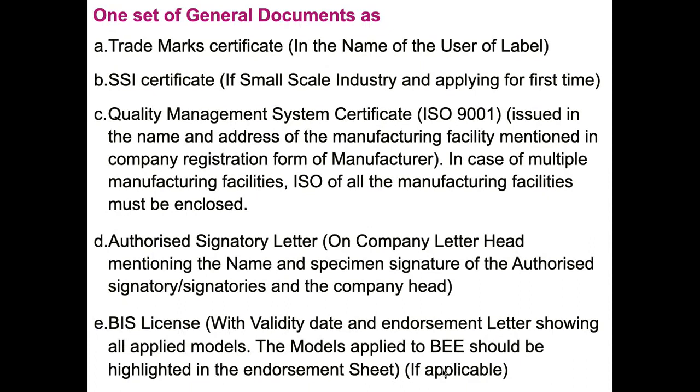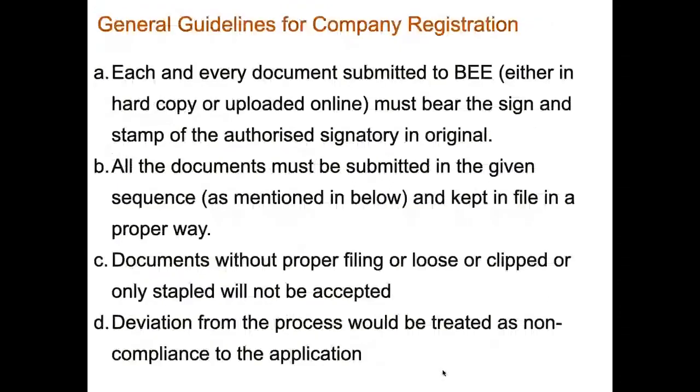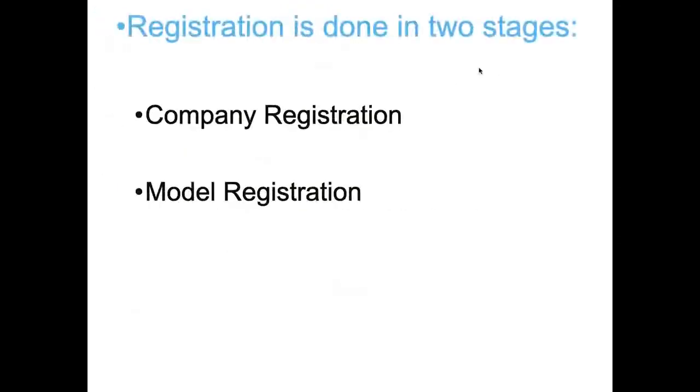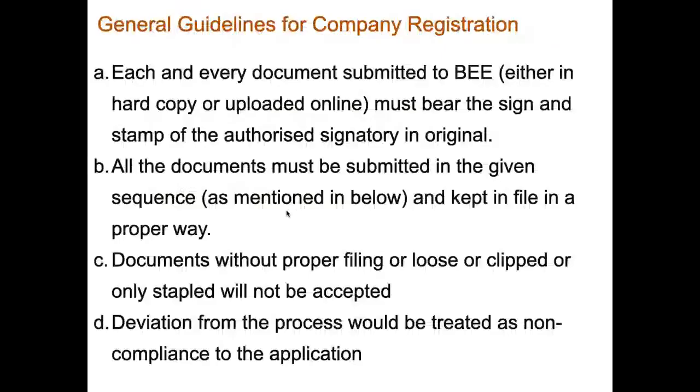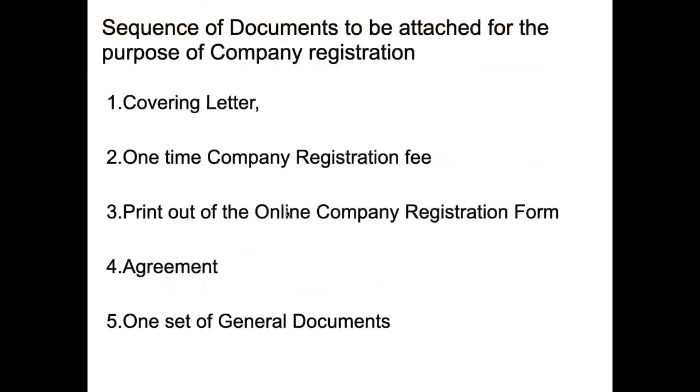If you want to talk about the sequence of documents to be attached for model registration, we have now gone through the general documentation. There are two kinds of registrations: one is company registration and one is model registration. So we have gone through the company registration guideline and the sequence of documents for company registration.